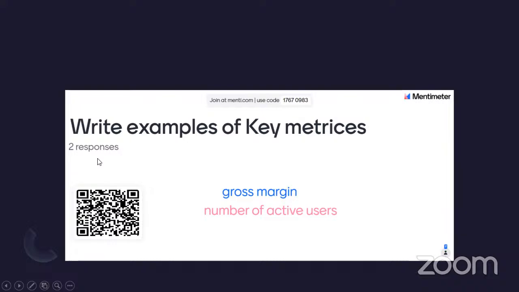Maybe also cost optimization. Also number of new customers or subscribers. It was mentioned. Net profit. Yeah, sure. It's the main one. We are all eager to have the net profit in positive, of course. Yes.